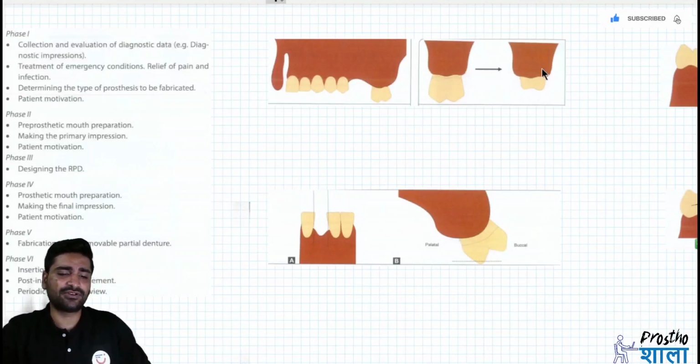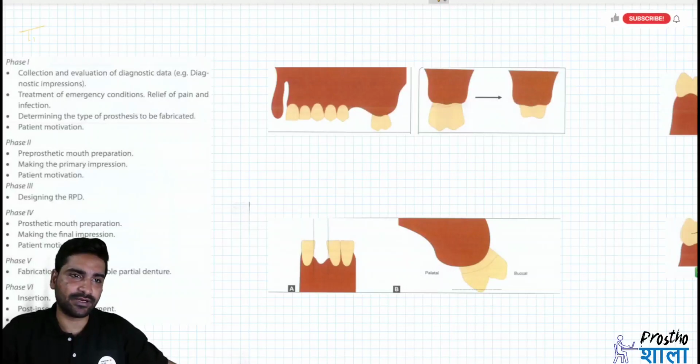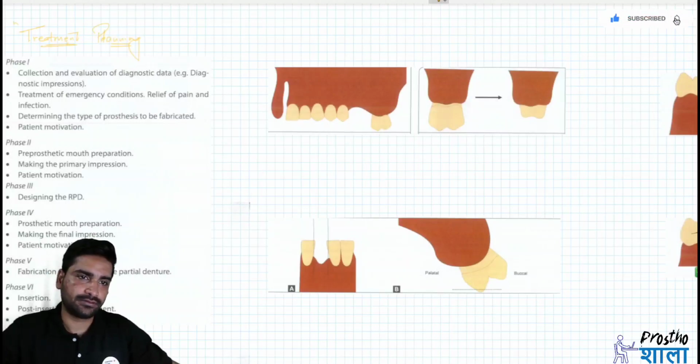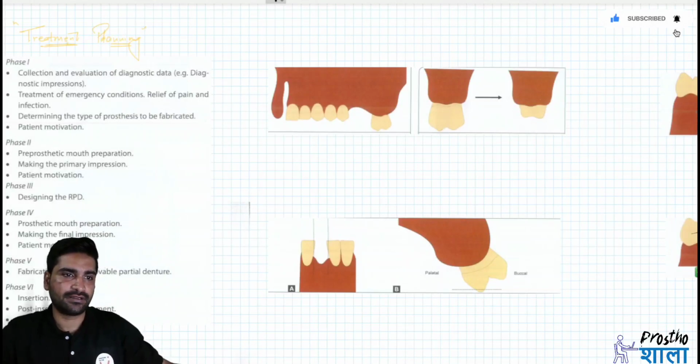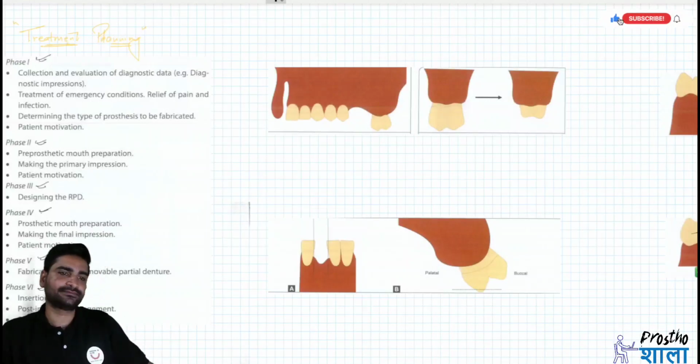Any prosthodontic procedure you do has a sequence of treatment planning. The treatment planning is divided into various phases. We have phase 1, phase 2, phase 3, phase 4, phase 5 and phase 6.